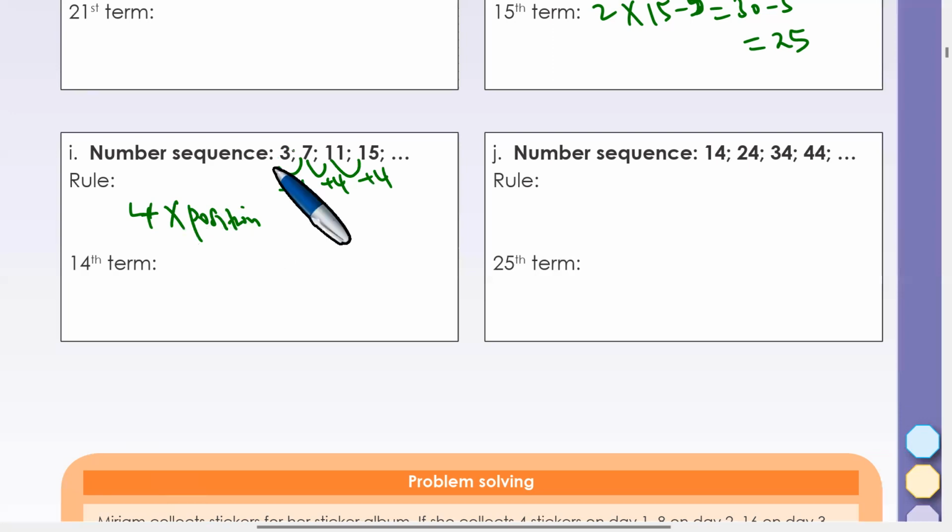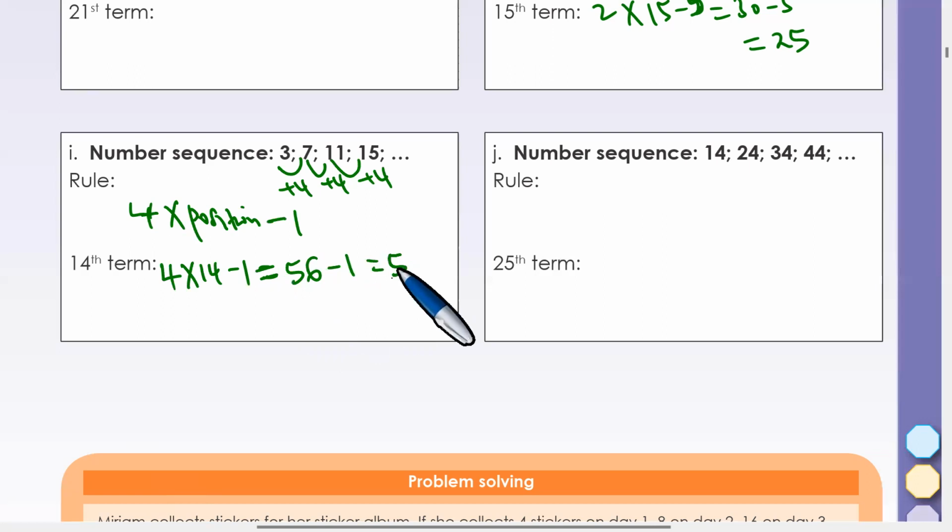How can you make 4 into 3? What do we add or subtract? You subtract 1. So what is the 14th term here? What is 4 times 14? It's 56 minus 1. What is 56 minus 1? 55.